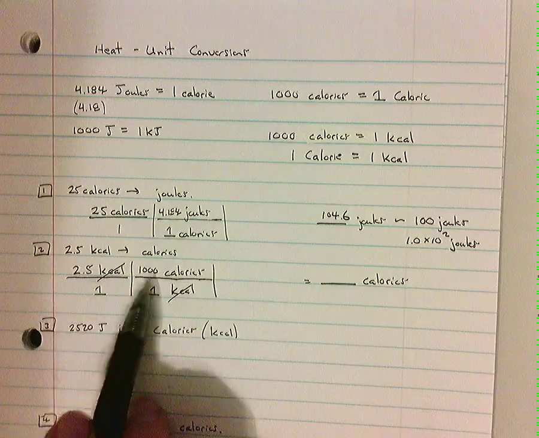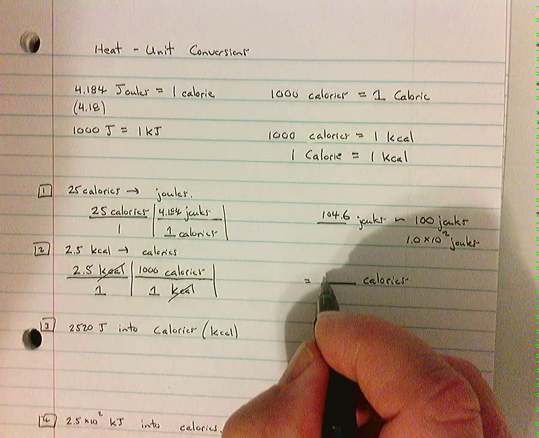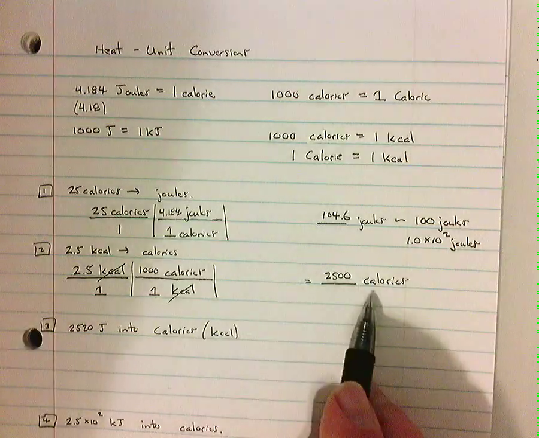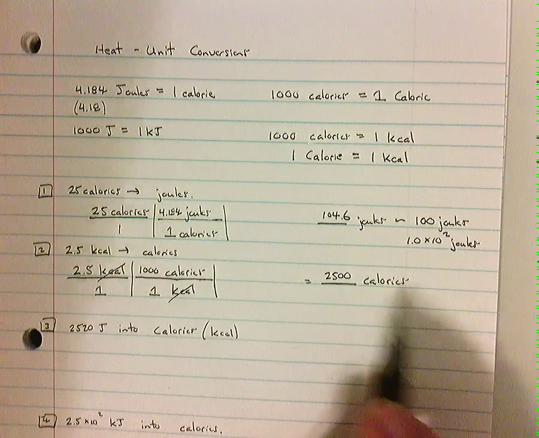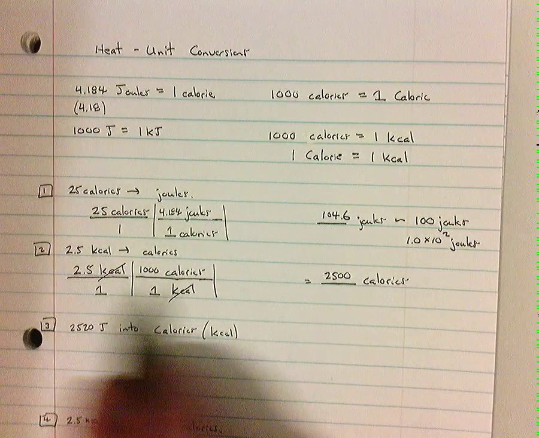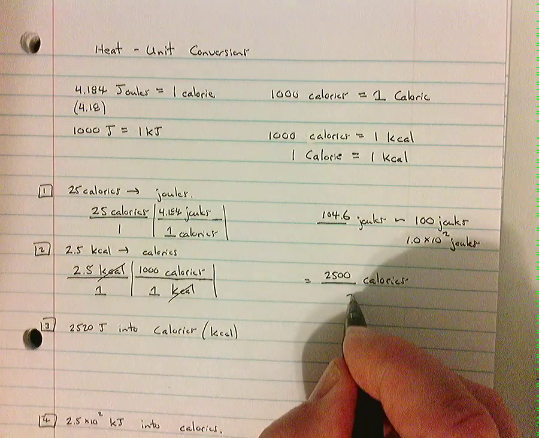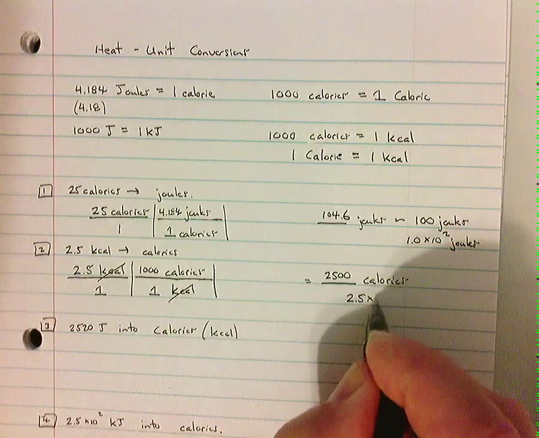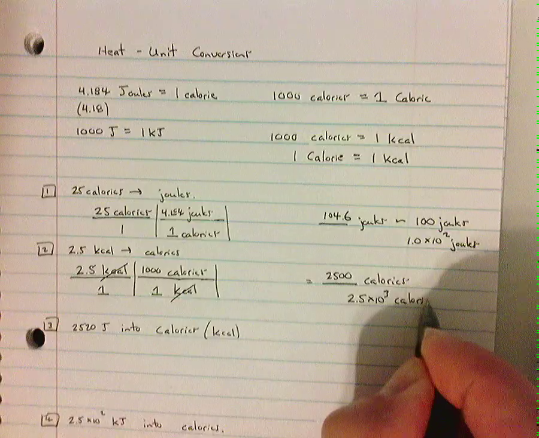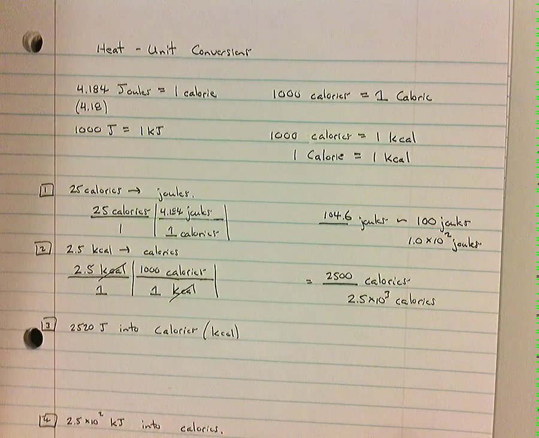So we're going to go 2.5 times 1,000. So we're going to get 2,500 lowercase or little c calories. We wanted to put that into scientific notation. Again, 2 significant figures in the problem. We're going to put 2 in our answer. So 2.5 times 10 to the third lowercase calories. We're done.